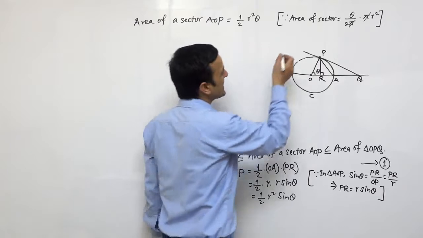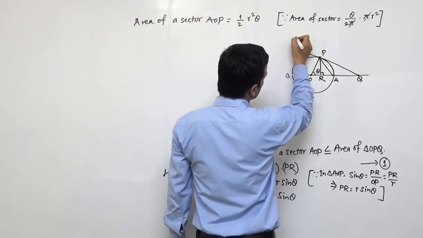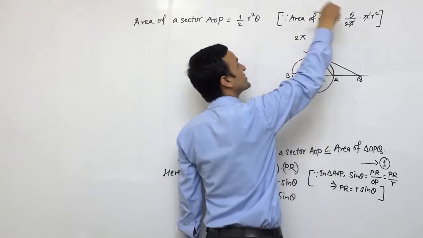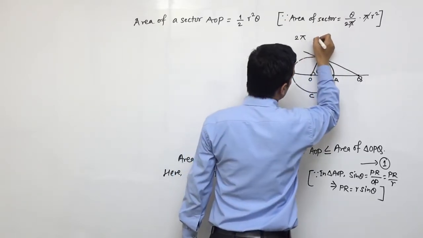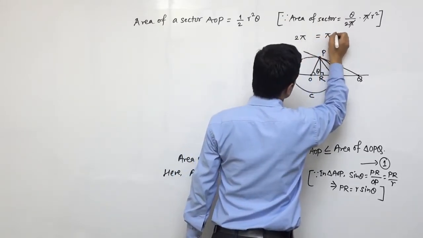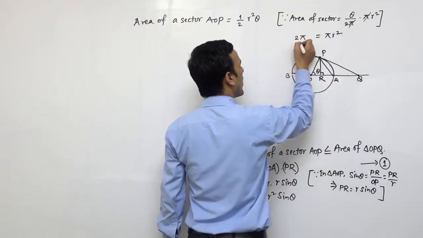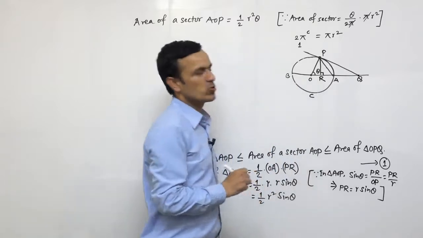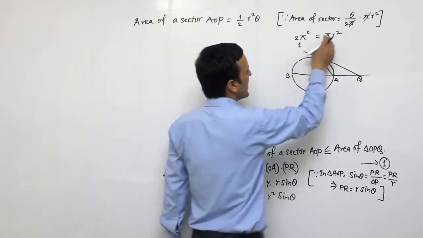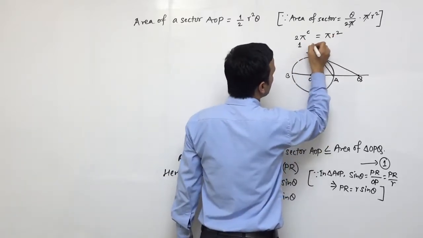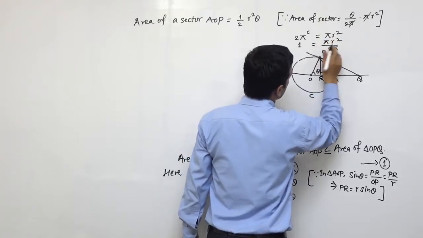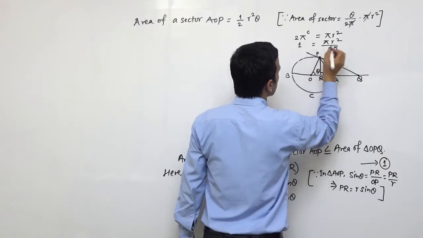Or we can say that like this also. यदि सर्कल पुरै 2 पाई हुँदाखेरि सर्कल 360 डिग्री घुम्दा यसको एरिया हुन्छ पाई आर स्क्वायर हुन्छ भने 1 रेडियन हुँदा कति? 2 पाई रेडियन हुँदा पाई आर स्क्वायर हुन्छ भने 1 रेडियन हुँदा कति हुन्छ? पाई आर स्क्वायर डिवाइड बाइ 2 पाई.